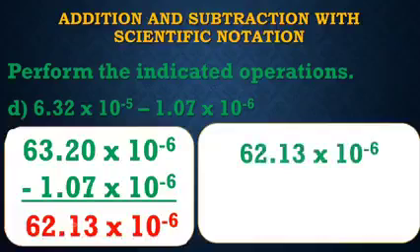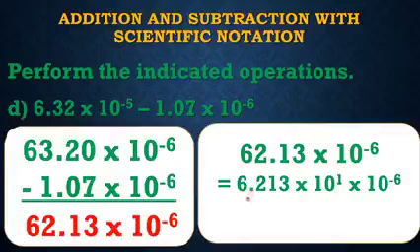So we will move this decimal point 1 unit to the left, so that we get 6.213. In this case, it is now higher than 1 but not 10 or more. So 62.13 is also the same as 6.213 times 10 raised to 1. And drop down your 10 raised to negative 6.